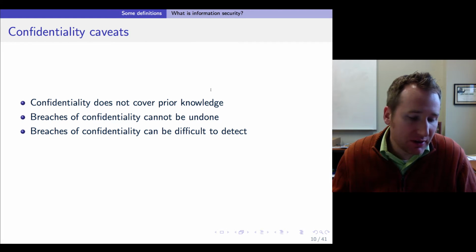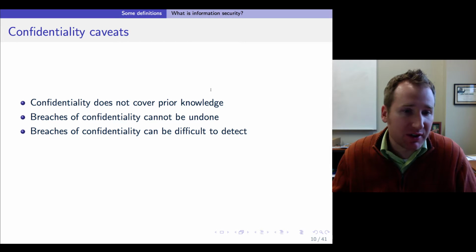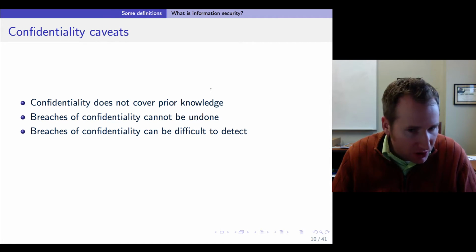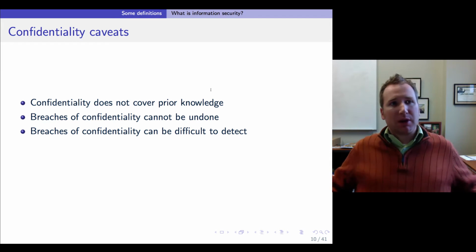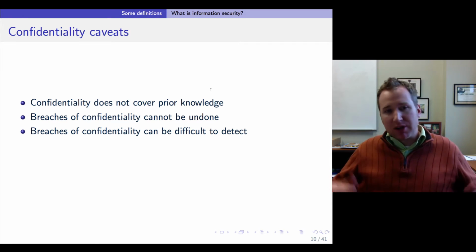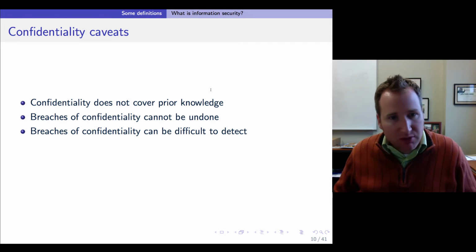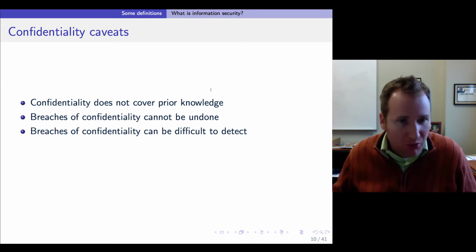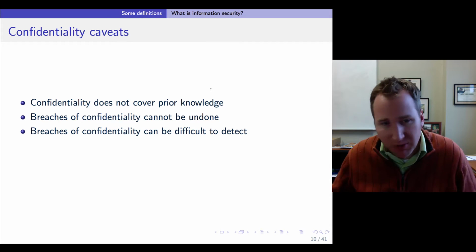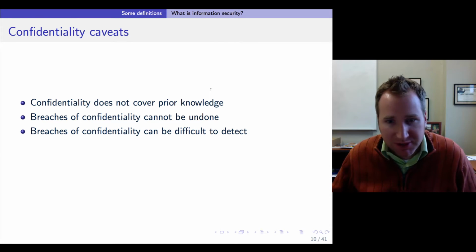This is also coupled with an observation that it can be very difficult to detect that a breach of confidentiality has even occurred, right? If someone were to break into your house, usually there would be a natural trail, a broken window, or some of your stuff missing.